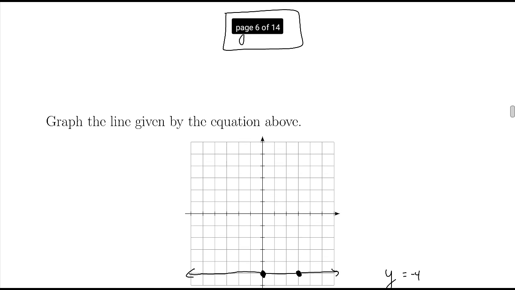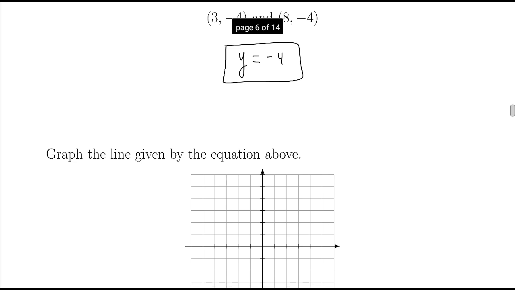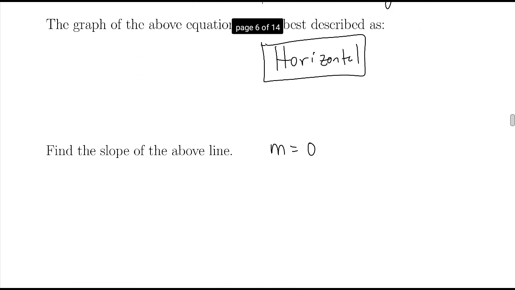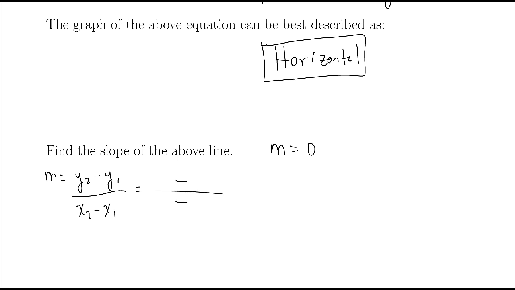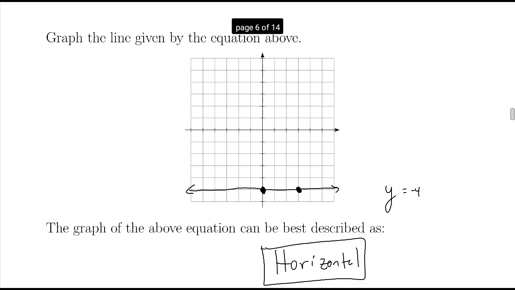If we wanted to use the slope formula, using these points, (3, -4) and (8, -4). Remember the slope formula, (y2 - y1) over (x2 - x1). In this particular problem, we'll end up with (-4 - (-4)) over (8 - 3).